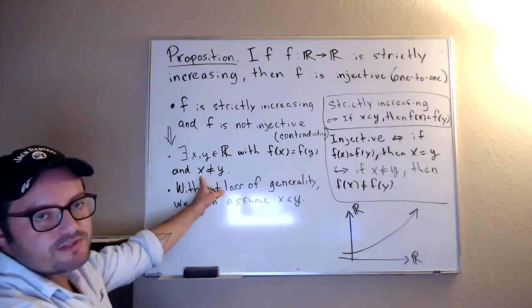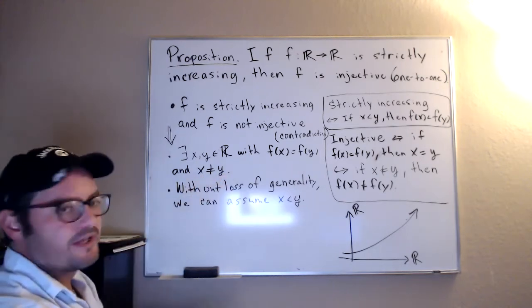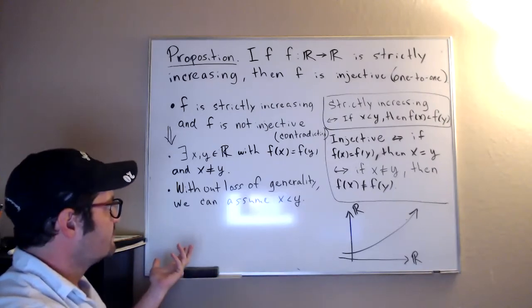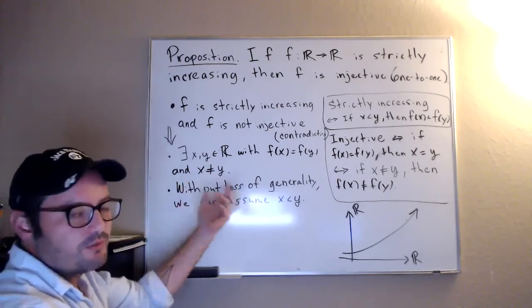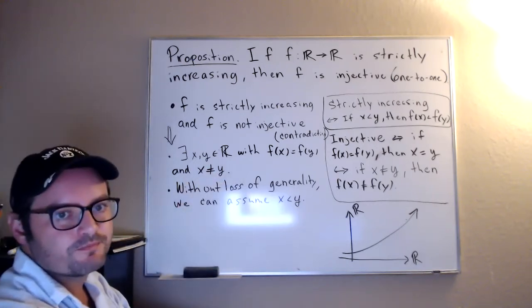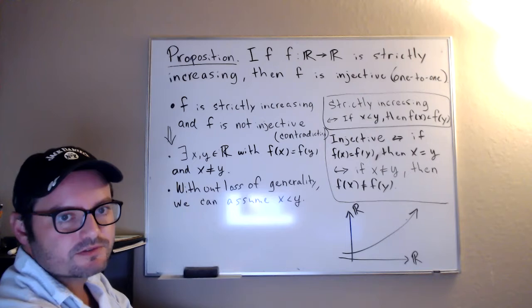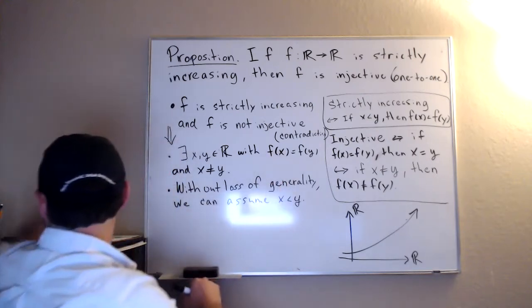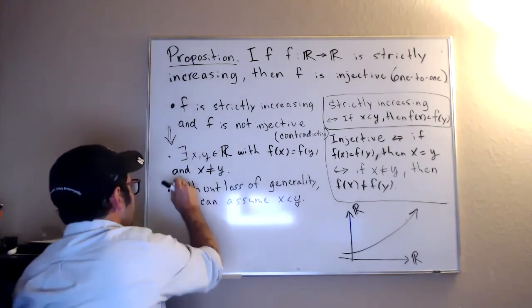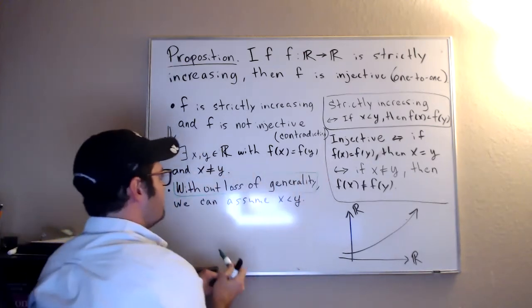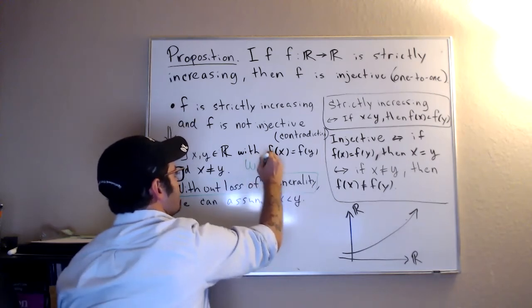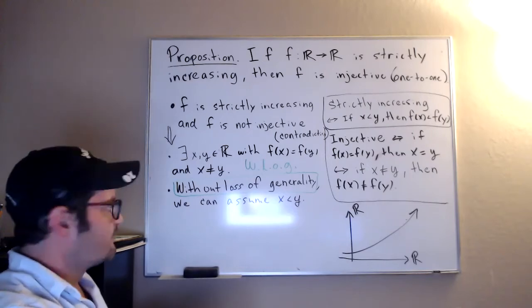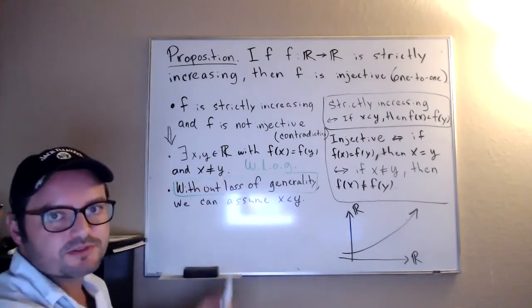Because it's either the case that x is less than y or y is less than x. It doesn't matter which one is true, because either one will have that property. So we're just going to assume that x is the smaller one. That's what without loss of generality means. A lot of times you'll see professors do this. You'll see professors write W, L, O, G, without loss of generality, when it doesn't matter which one is smaller, you just pick one to be the smaller one.